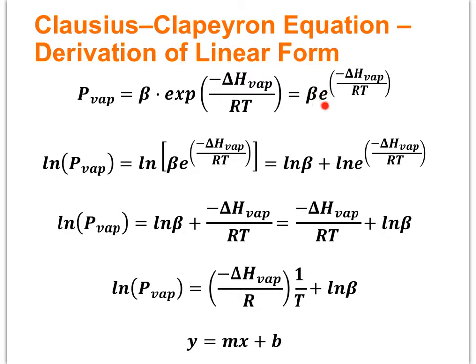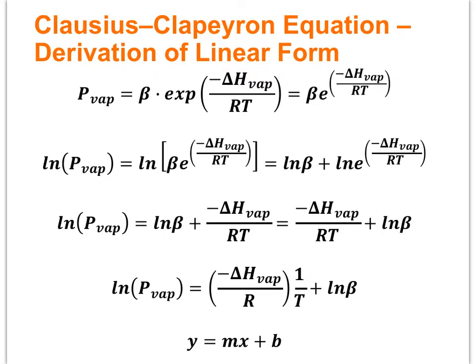So using the natural base e, we get that vapor pressure is equal to the proportionality constant beta times e raised to this power, negative heat of vaporization divided by the gas constant R times the temperature in Kelvin. Okay?